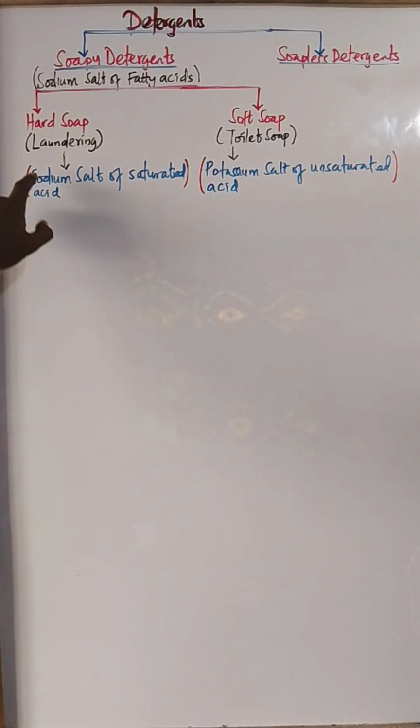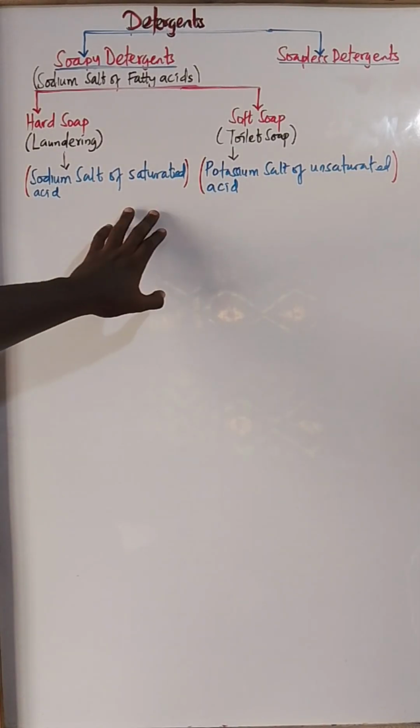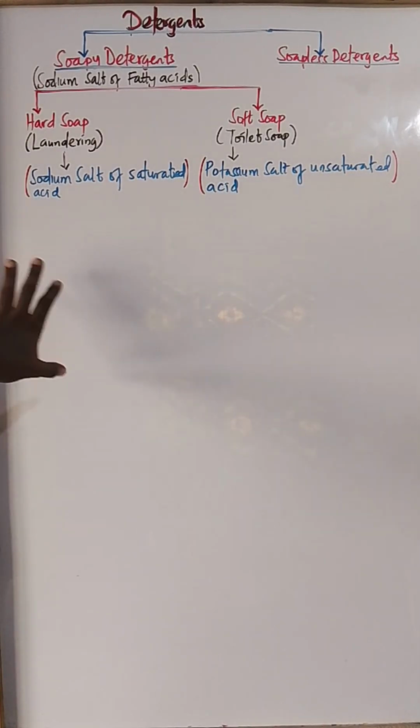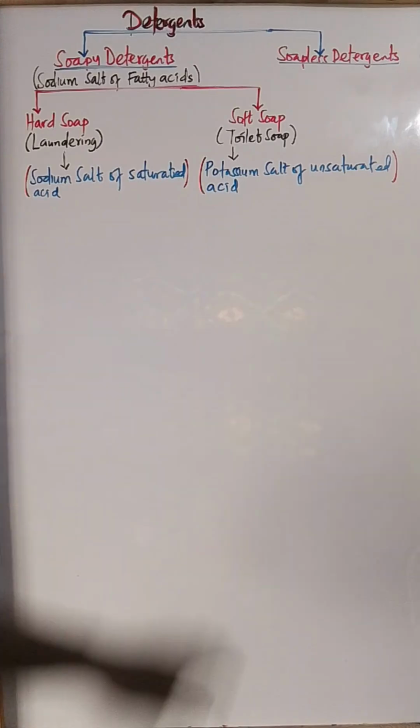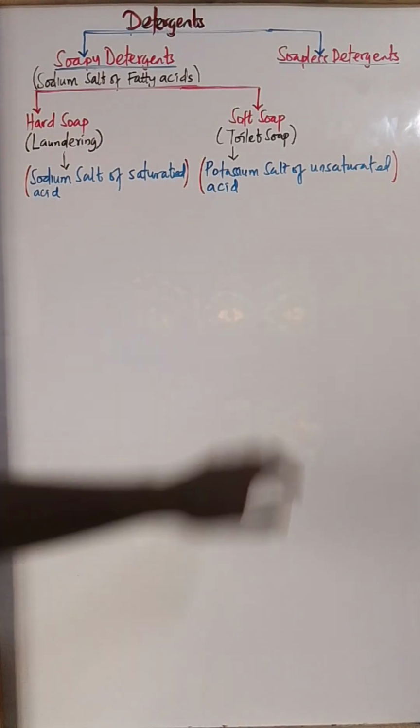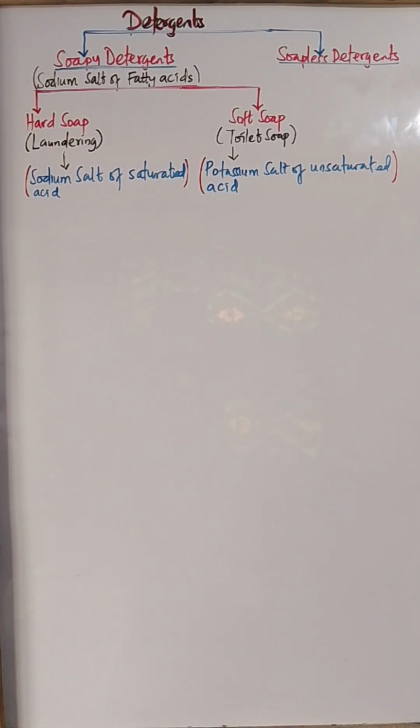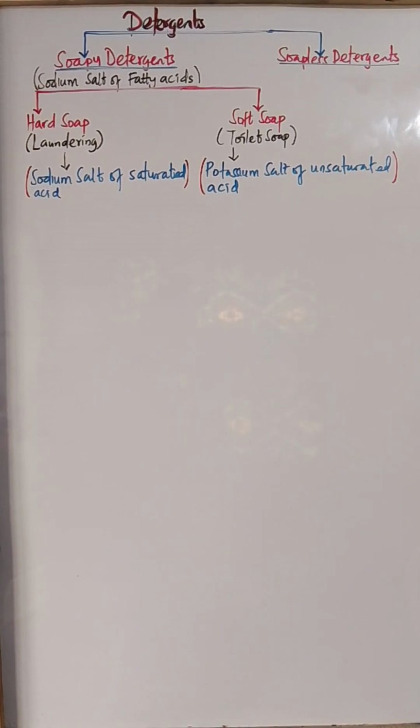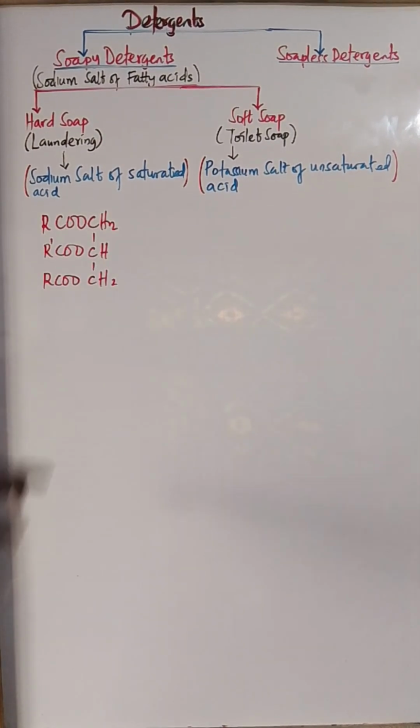Now, the hard soaps are sodium salts of saturated acid, which I will give an example of; we are coming back to that. The soft soaps are potassium salts of unsaturated fatty acid. And if you recall, this is the general formula. So we have this ester, and recall I told you, this alkyl group has a large number of carbon atoms.